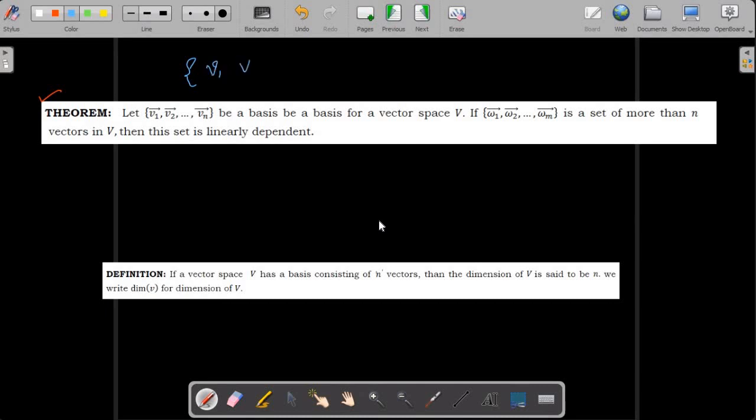Let me explain with a simple example, v1, v2. Let me assume this B is a basis of V. Now I would like to prove that any subset, that is u1, u2, u3, which is clearly a subset of V, is linearly dependent.